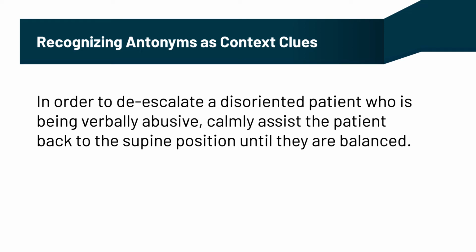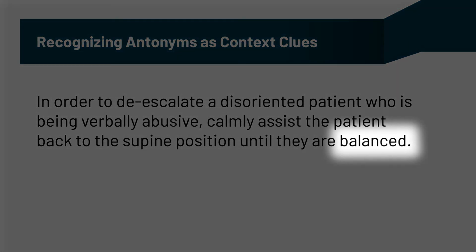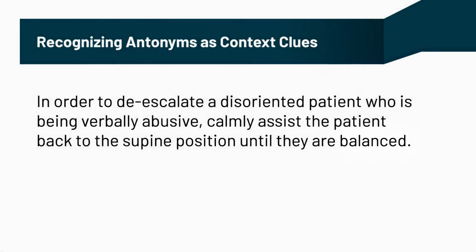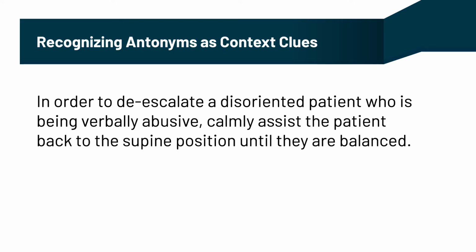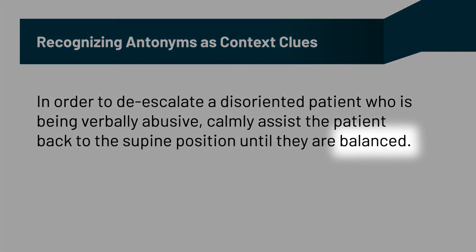Did you identify the context clue? If you said the antonym is balanced, you are correct. The meaning of disoriented means the opposite of balanced, which is unbalanced or confused. Notice this time that the antonym is not directly after the unfamiliar word in this case, but it is located at the very end of the sentence.